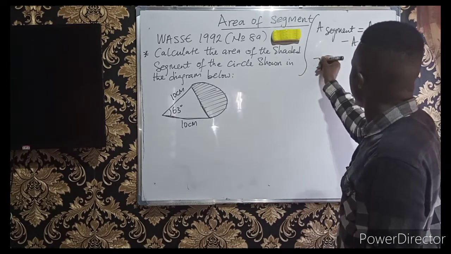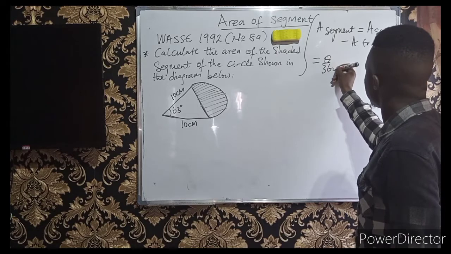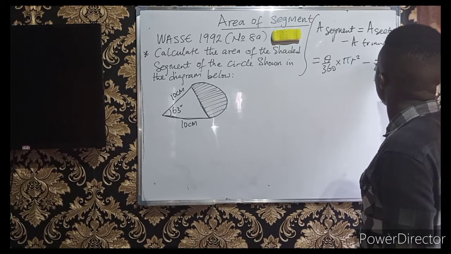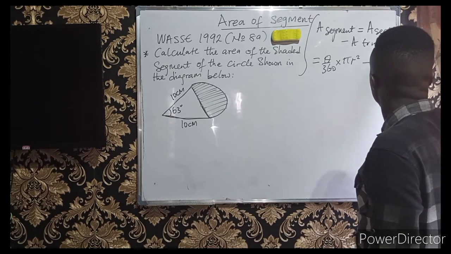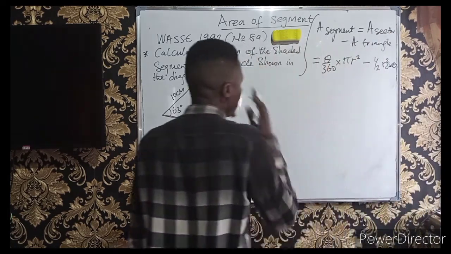So the required area of segment will now be area of sector, theta over 360 times pi r squared, minus area of triangle, half r squared sine theta. This is just the formula which I use to solve that.